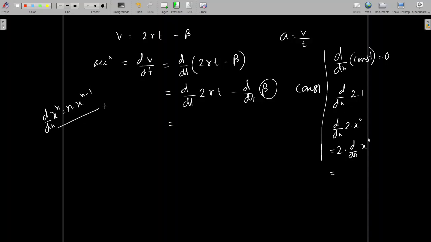Now using this formula here, the 0 will come ahead, 0 into x to the power 0 minus 1. So this will not make any sense, because both these terms are multiplied by 0. So your outcome is always 0. That's why I say d by dx of a constant is 0. I hope it is clear.